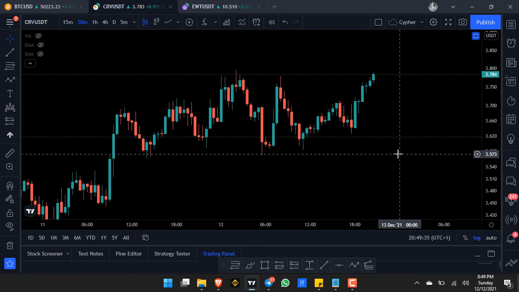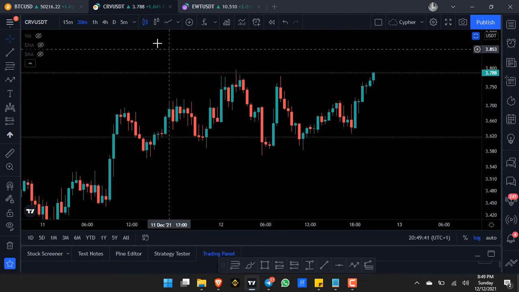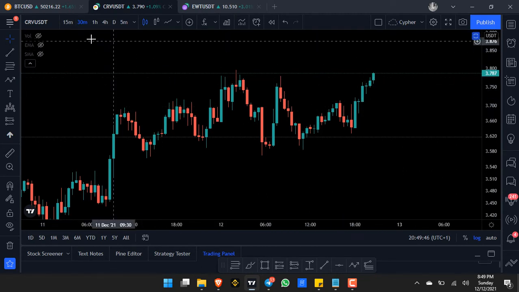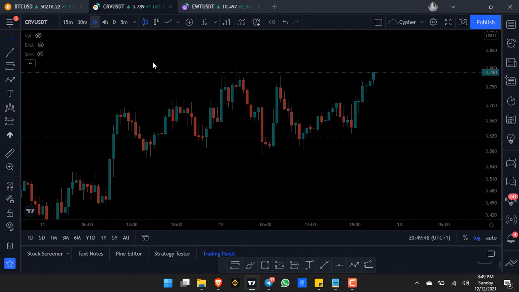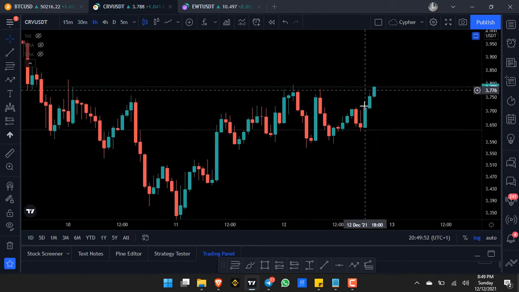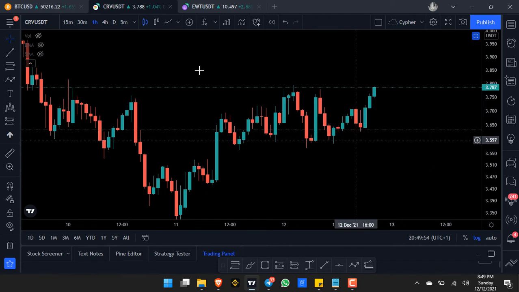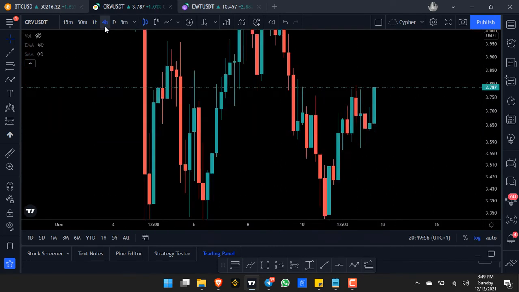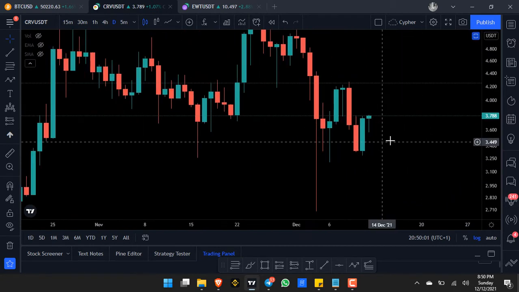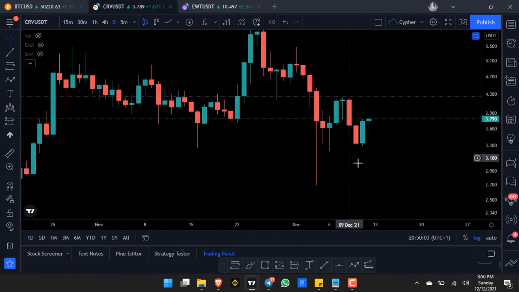We'll come to that, but I just wanted to explain what I mean when I'm talking about price action, right? So each candlestick here represents a time frame, in this case 30 minutes. When I switch it to 1 hour, each one of them equally represents 1 hour of price action. 4 hours the same thing, daily the same thing, right? So that is what each of these candlesticks represents.